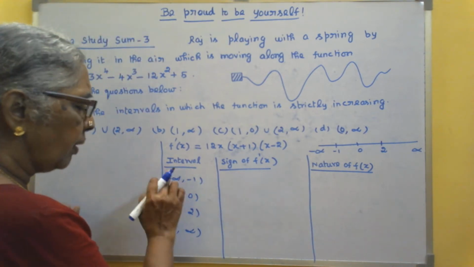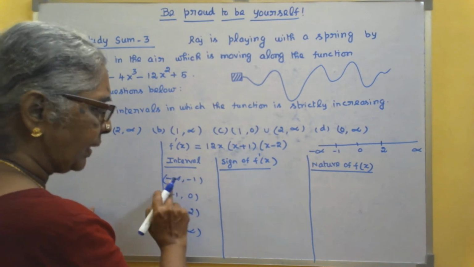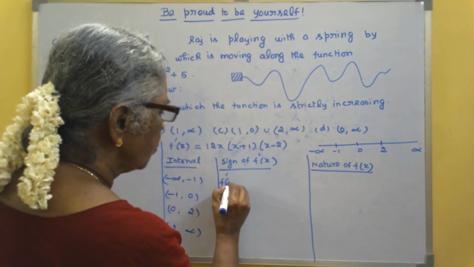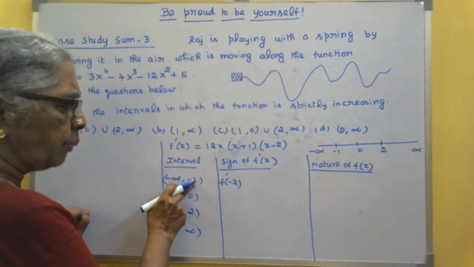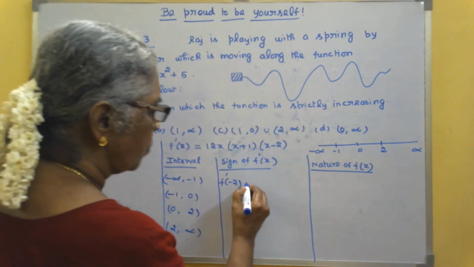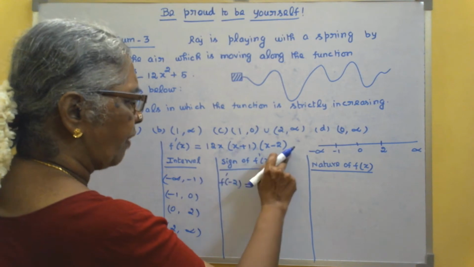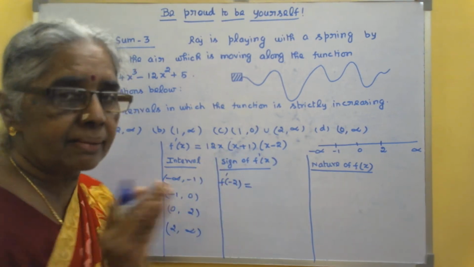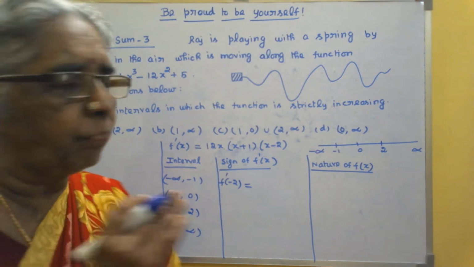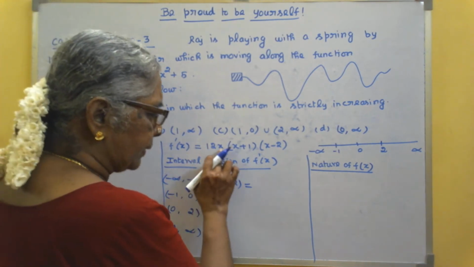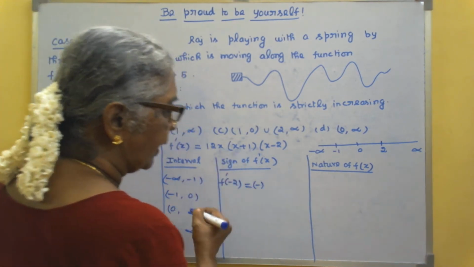Now here I can choose any point within this interval. Let me choose f dash of minus 2, that is in minus infinity to minus 1. Now you have to check this f dash of x. Just write the sign. No need of actual calculation. You don't need the value. So here you have 12x. The x is negative, so you will get a negative.